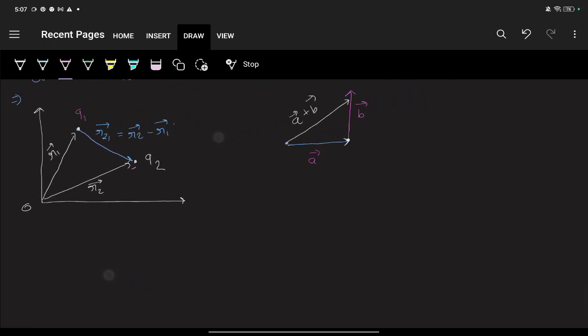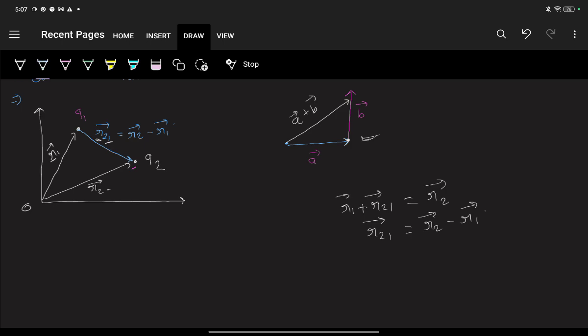Did you understand how we got this r21? This r1 and this r21 will add up, r1 plus r21 will be equal to this r2, by this law, right? So we can write it as r2 minus r1.